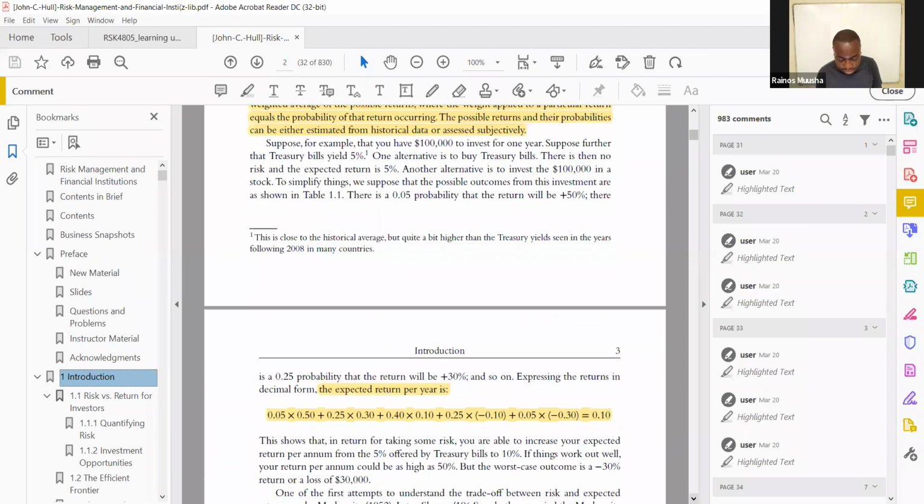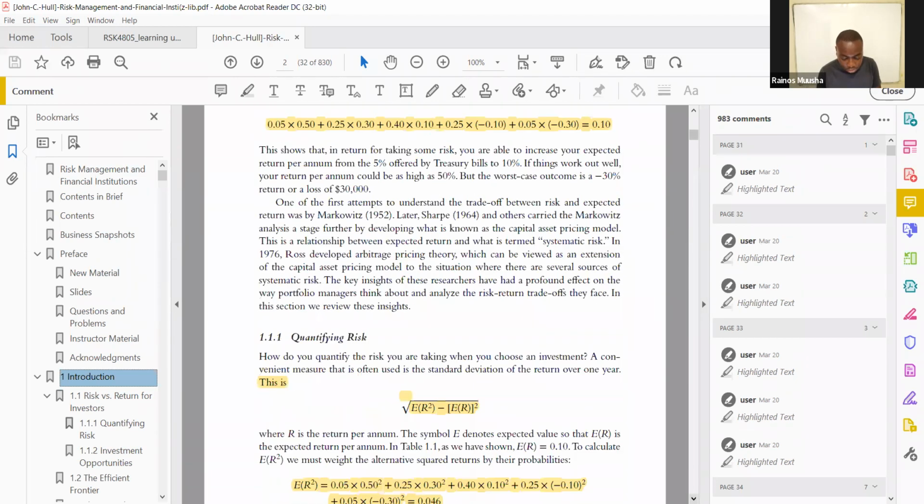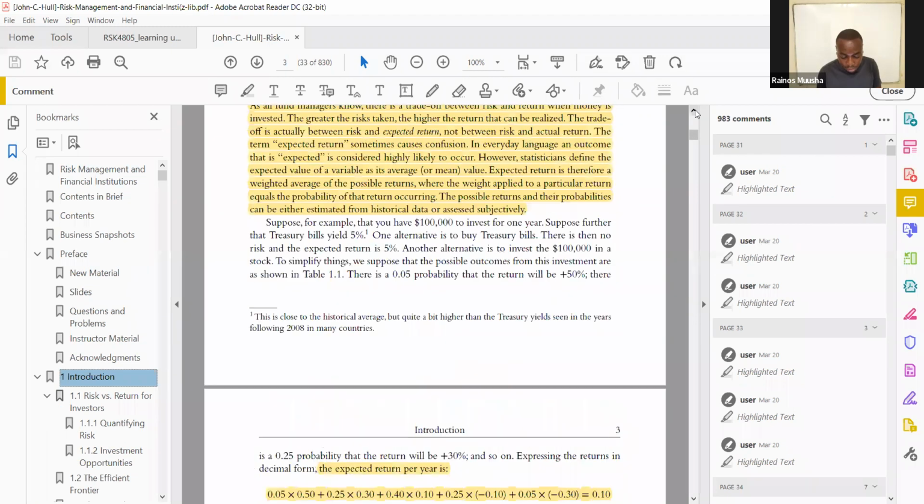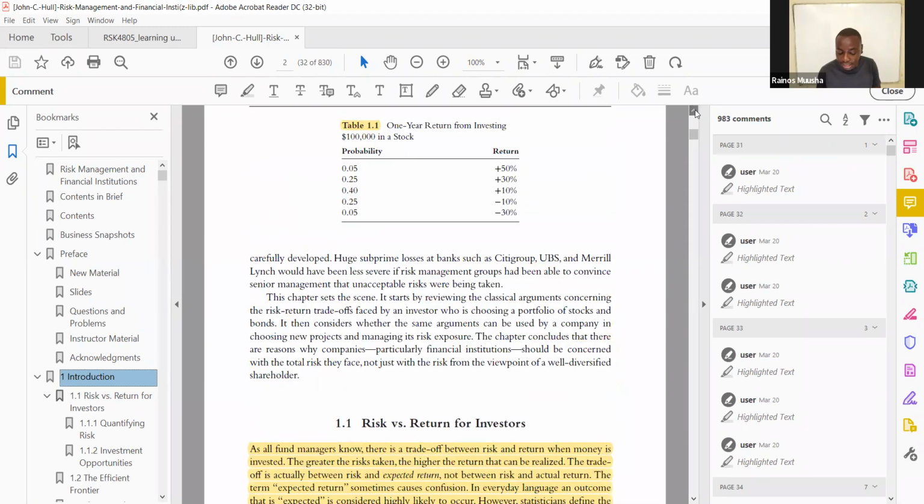So they give us table 1.1. And from table 1.1, we now need to look to see exactly how you determine the expected return for a particular portfolio where you're investing 100,000, given the probabilities and the returns.